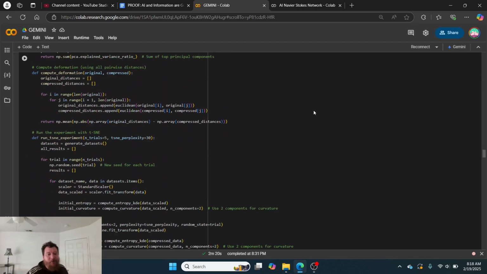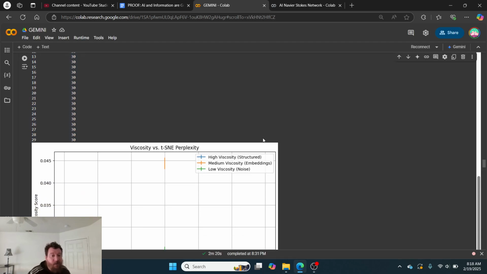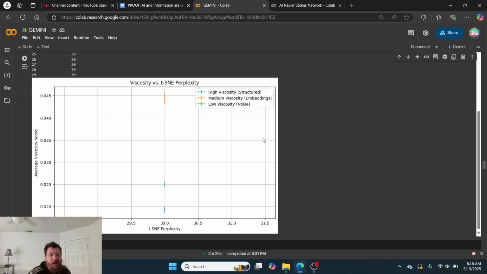And then let's do a different test, and this time let's do viscosity versus TSNE perplexity. In this instance, it's kind of a weird test, right? But again, it's showing that time isn't a huge impact on this, which is very expected because of how some non-Newtonian liquids work.